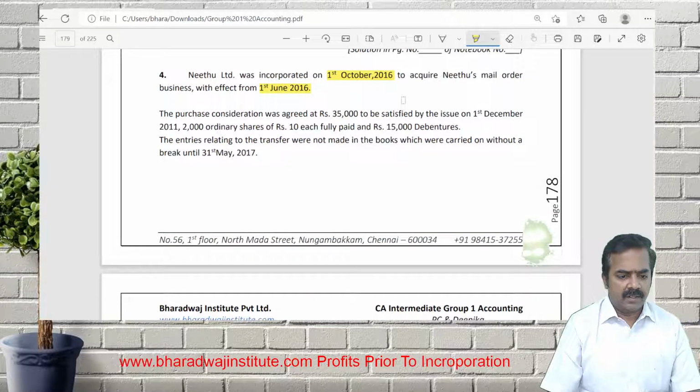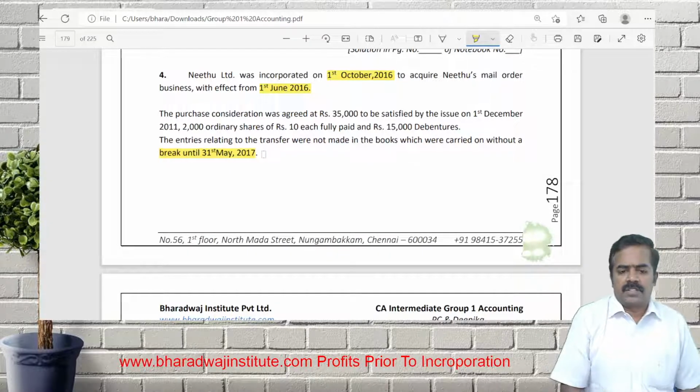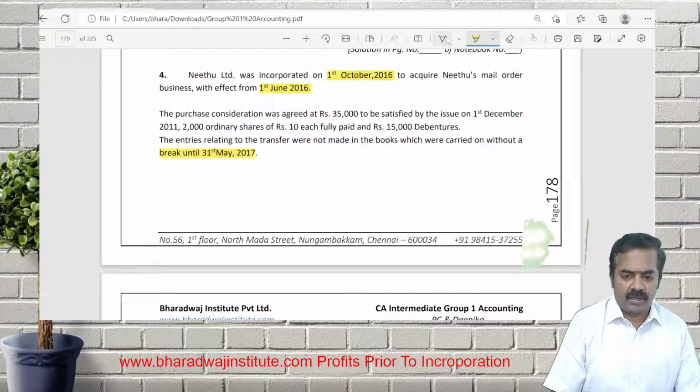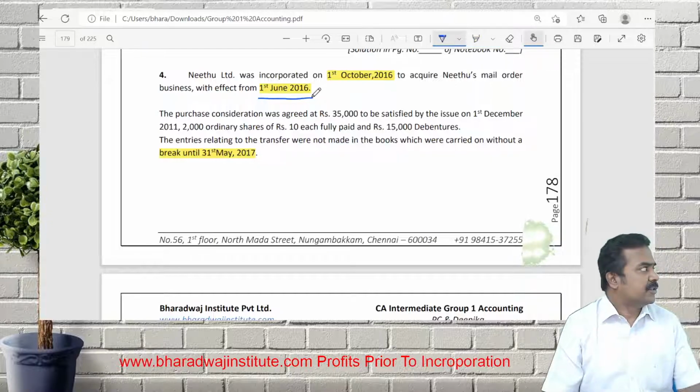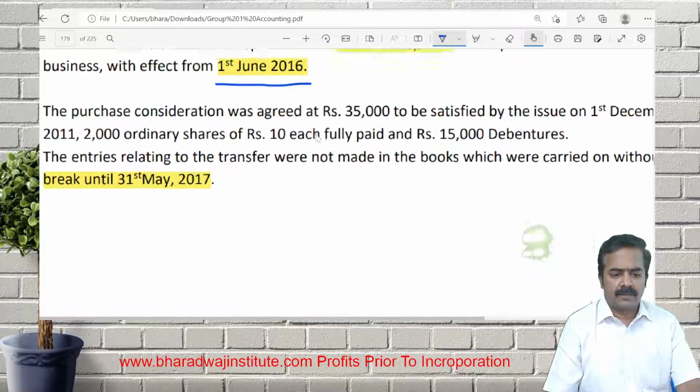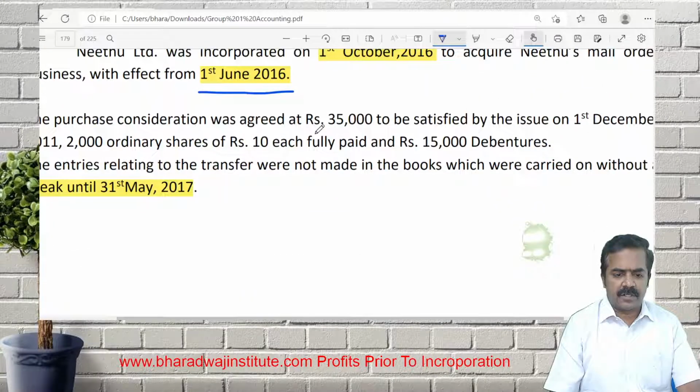The purchase consideration was issued on 1st December. 31st May 2017 they closed the accounts. So the accounting period is from 1st June 2016 to what date? 31st May 2017.